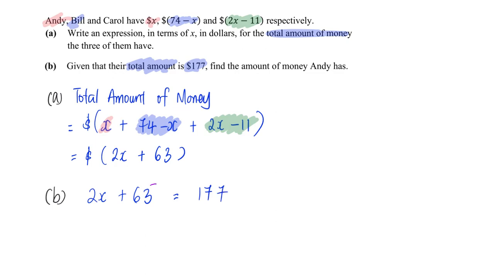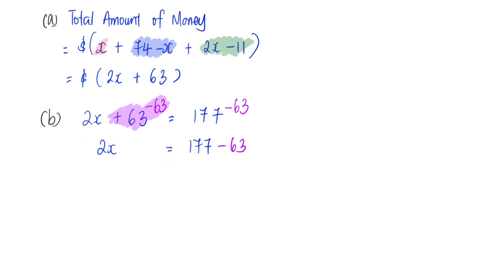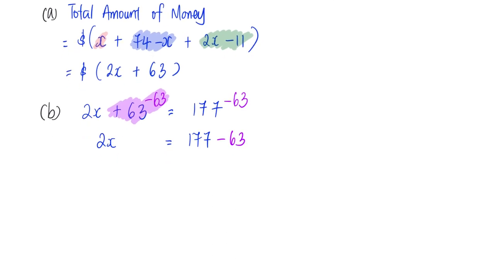Then I'm going to minus 63 on both sides, such that I'm only left with 2x here. This part here you will see 177 minus 63. You might be wondering what happened to the 63 here. Well, 63 minus 63 equals to, yes, 0. So usually for 0 we don't need to write anything.